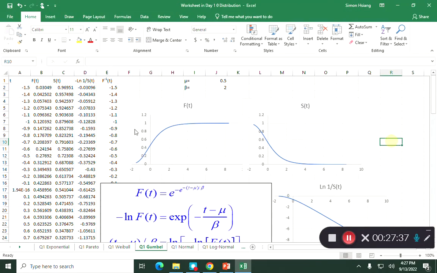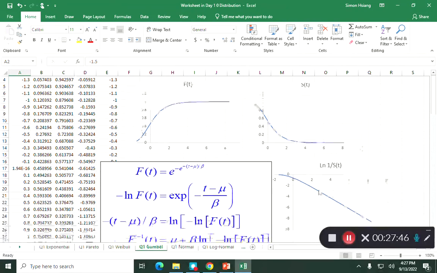Oh, by the way, you probably noticed why I start my T early at negative 1.5 rather than from 0. That is because the Gumbel function at the beginning has a little bit of a tapered asymptotic part, and I want to get rid of the asymptotic part, so I let it start early. That way, from 0 on, it looks as linear as possible. Follow me? This is just for aesthetic purposes.